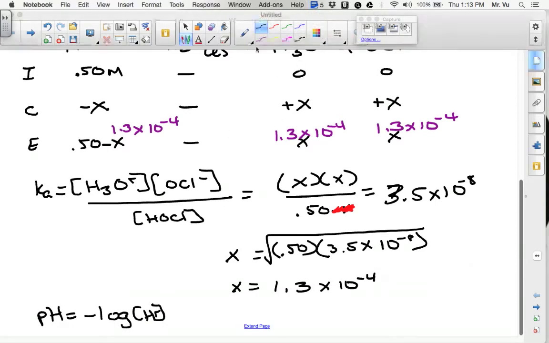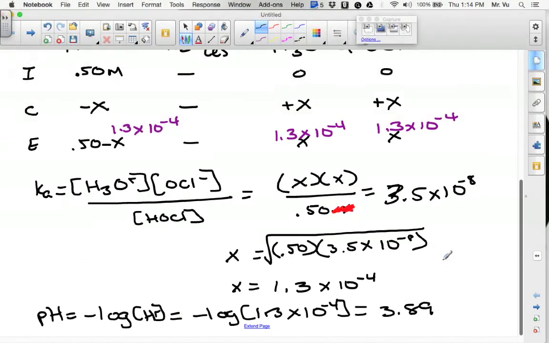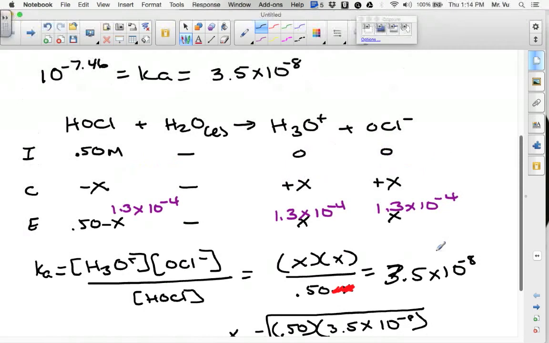If I put in the concentration of that H plus, which is 1.3 times 10 to the negative 4, I get negative log of 1.3 times 10 to the negative 4, and I should get a pH of about 3.89.